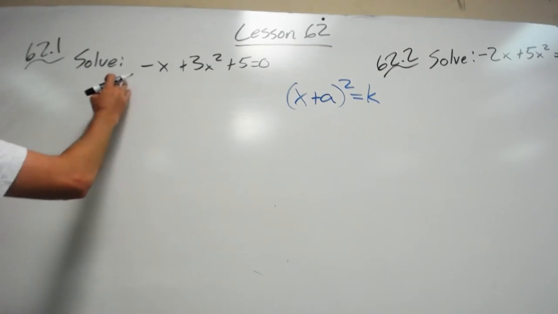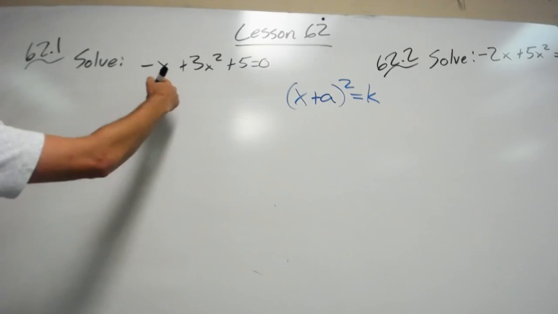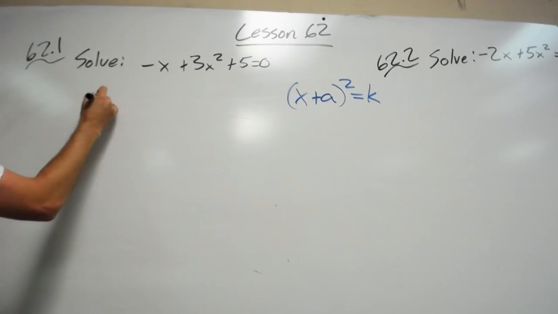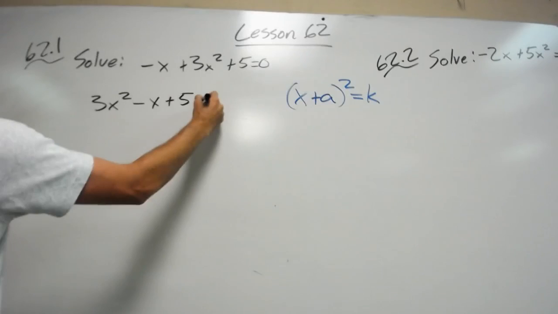We have solved for negative x plus 3x squared plus 5 equals 0 in example 1. Well, if we're solving this by completing the square, we first want to make sure we have it in descending order. So we put 3x squared minus x plus 5 equals 0.